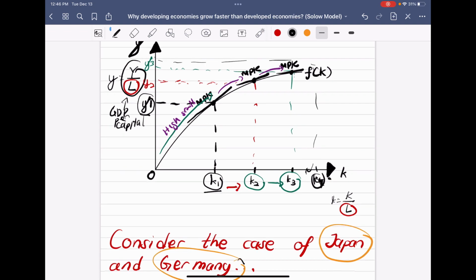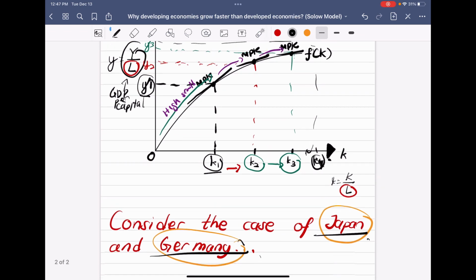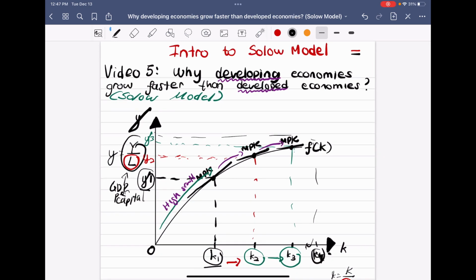That is why their growth rate is relatively very small compared to Japan and Germany. And that is the reason, a very interesting insight I would regard, why developing economies grow faster than developed economies. I hope this will serve as an interesting insight and also as an interesting hook to studying the Solow growth model. Thank you for watching.